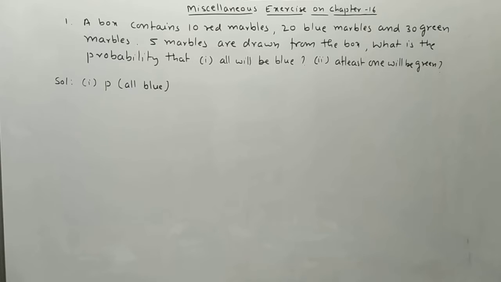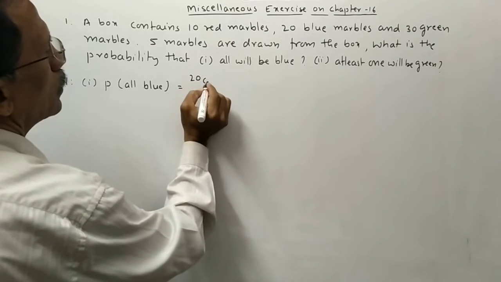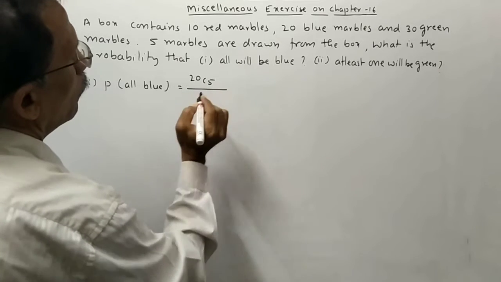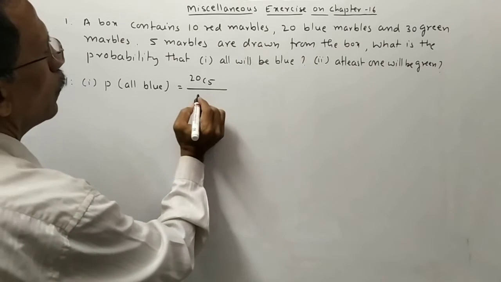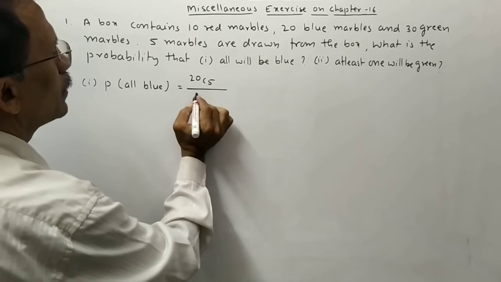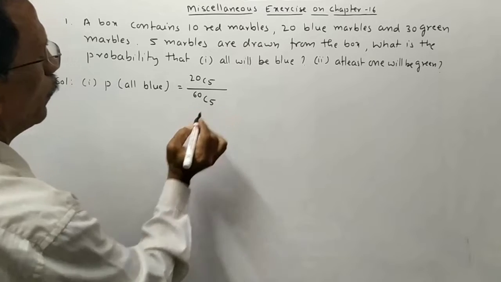We are supposed to draw 5 marbles. Therefore, drawing 5 marbles from 20 is 20C5 divided by total possible outcomes. Drawing 5 marbles from 60, that is 60C5.